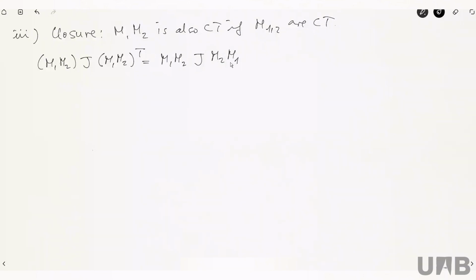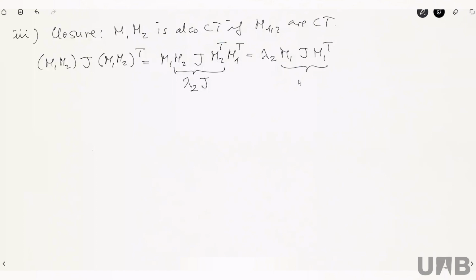This is right. Now M2 is a canonical transformation by hypothesis, so this is going to be a certain valence, let's call it lambda 2, times J. So then this is lambda 2, M1 J M1 transpose, like this.